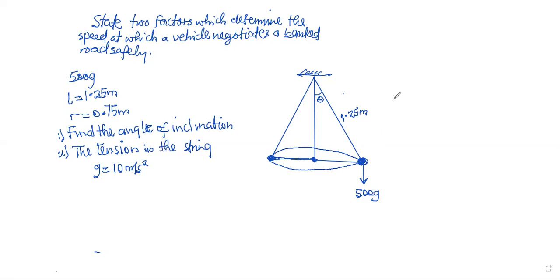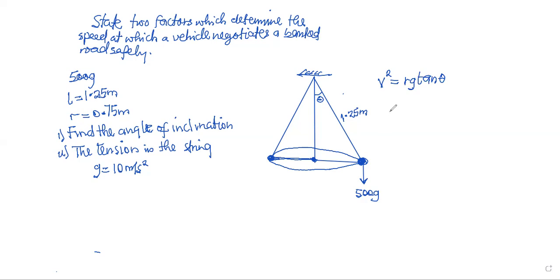First we have to find the angle of inclination. You see, relations about conical pendulum: the square of its speed is equal to RG times tan theta.